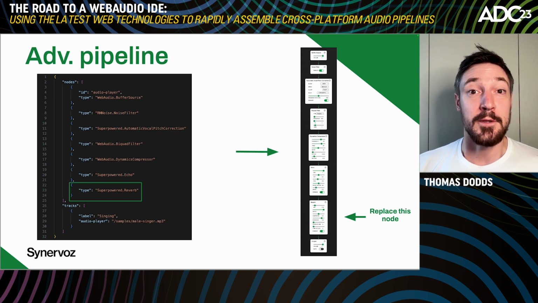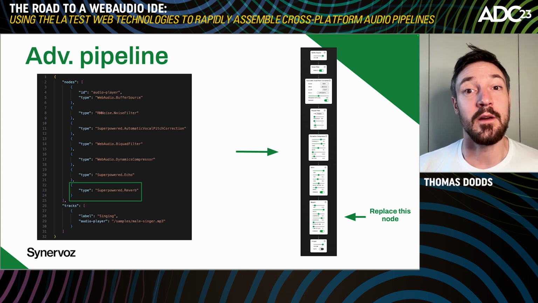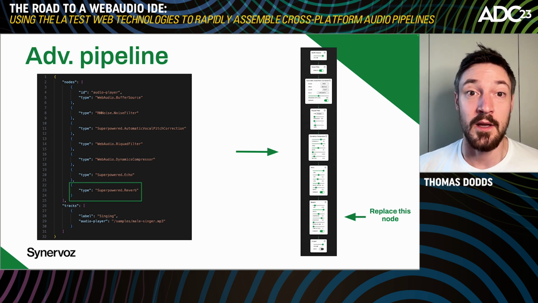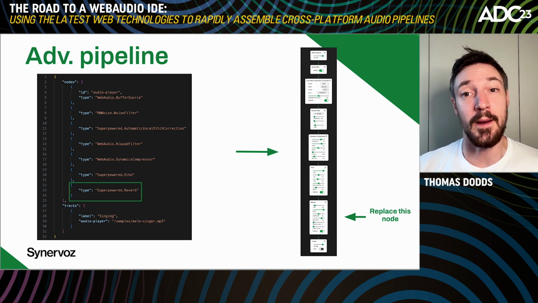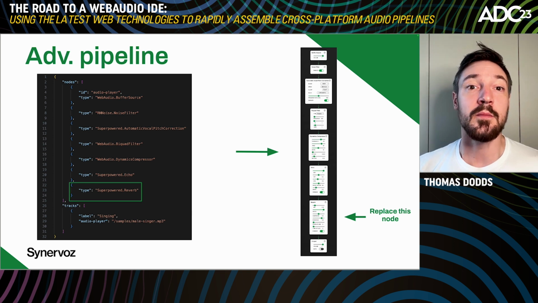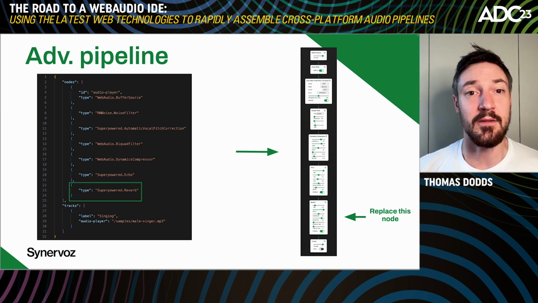So you may have heard of a particularly nice sounding reverb called Freeverb. If we look around on the web, we'll see that Freeverb is actually available as a free piece of Faust code. So wouldn't it be nice to have a Freeverb running alongside the existing Superpowered reverb and toggle between the two effects on the fly so we can perform a comparison of how they sound? How it sounds is, of course, the most important factor, right?